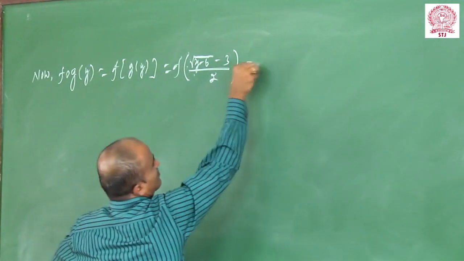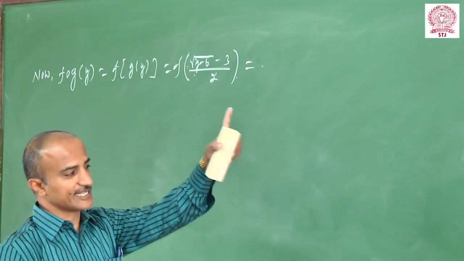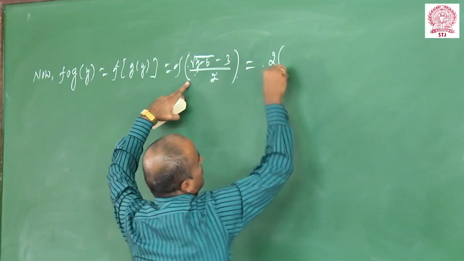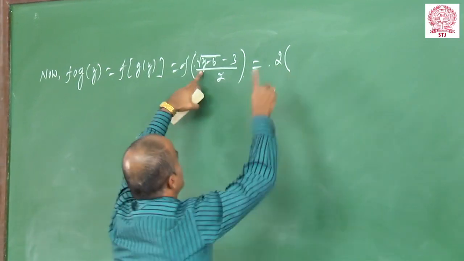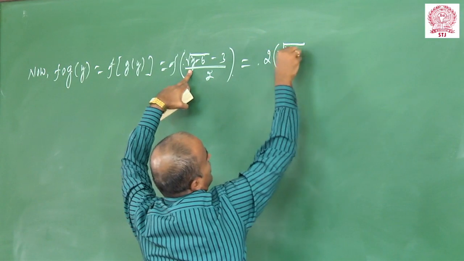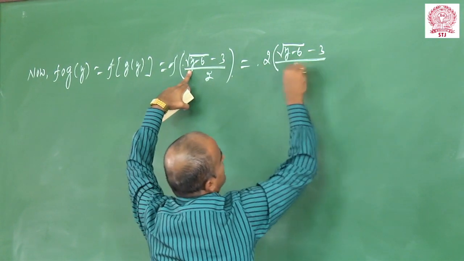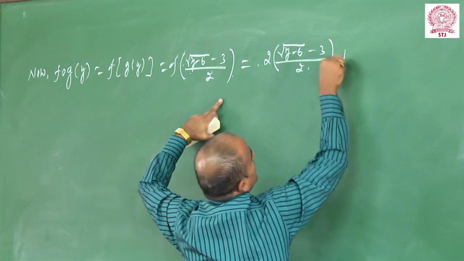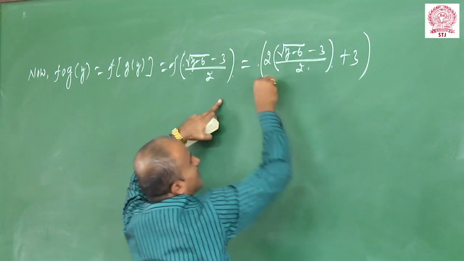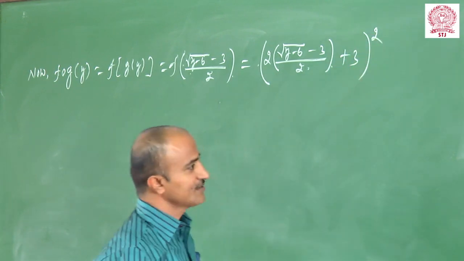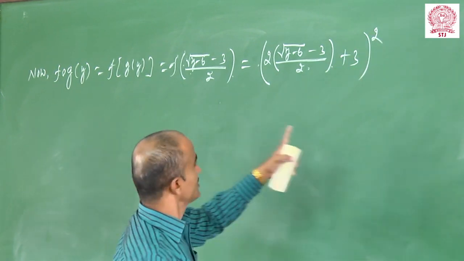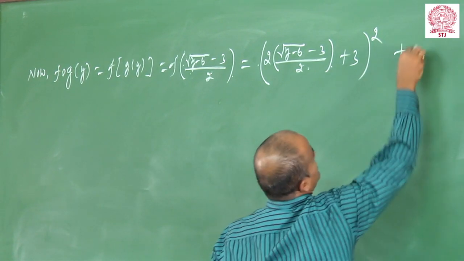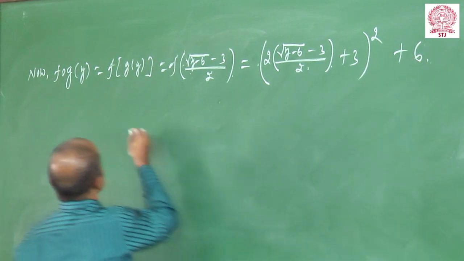Now f of x is (2x plus 3) whole square plus 6. In that, in place of x replace it by (root of y minus 6 minus 3) by 2, so we have (2 times that plus 3) whole square plus 6.